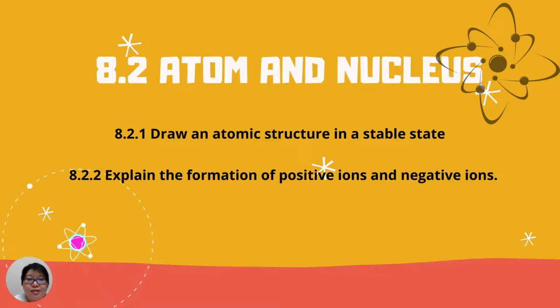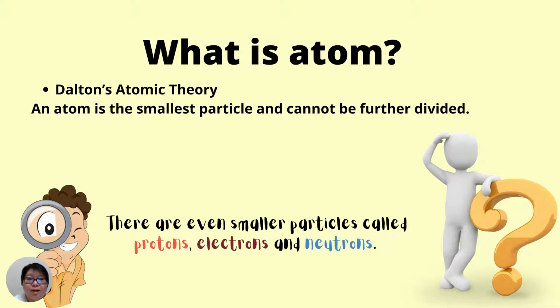Now let's see. What is atom? According to Dalton's atomic theory, an atom is actually the smallest particle that cannot be further divided. Anyhow, there were more discoveries, and it was found that there are even smaller particles that we call the protons, the electrons, and the neutrons.